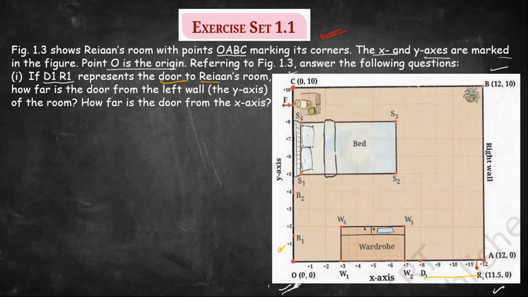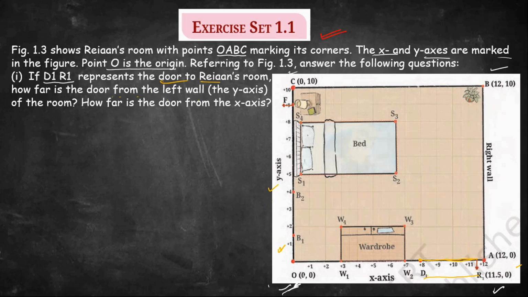From the y-axis or the left wall we have to find how far the door is. And how far is the door from the x-axis, which is the horizontal axis? As you have already seen, the y-axis means the vertical axis, and the x-axis means the horizontal axis. This D1 and R1 is the door. How far is this door from the left wall or the y-axis?